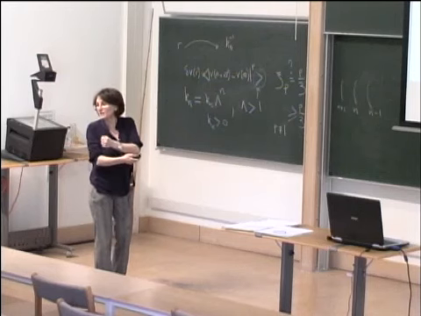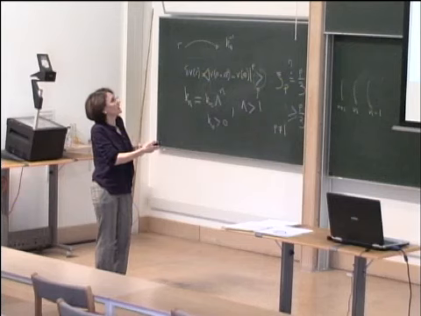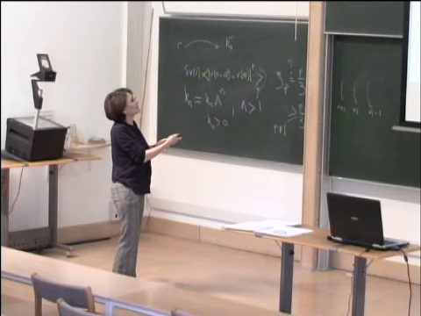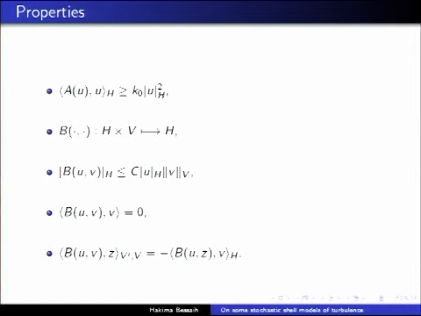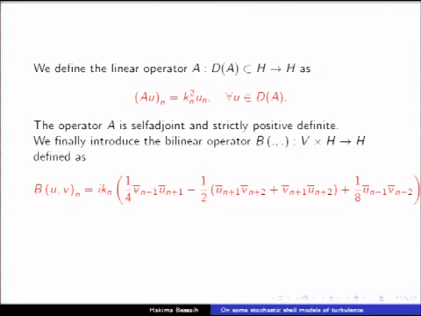I still have to make sure that the following property is true, that B(u,v),v equals 0, the incompressibility condition in a certain sense. So this nonlinear operator has the property (B(u,v),v) equal to 0.